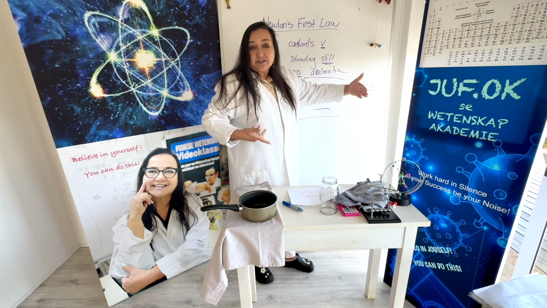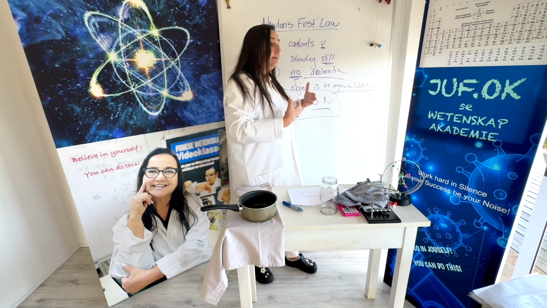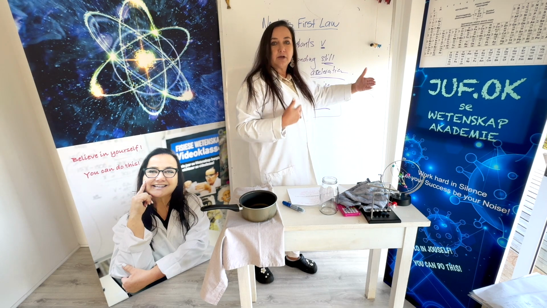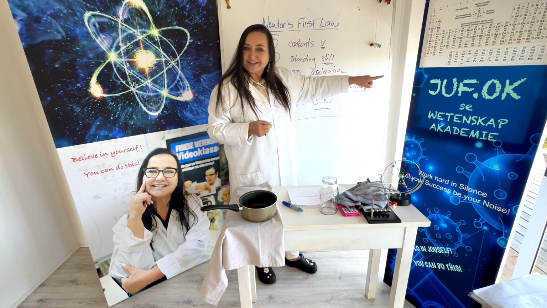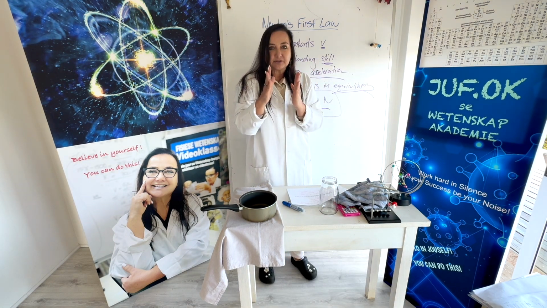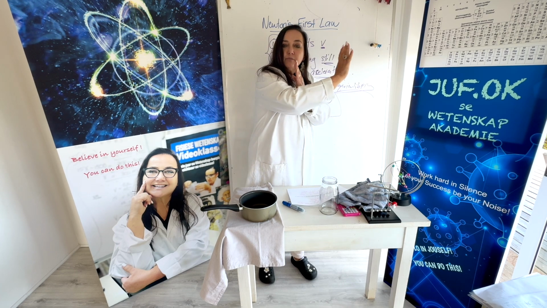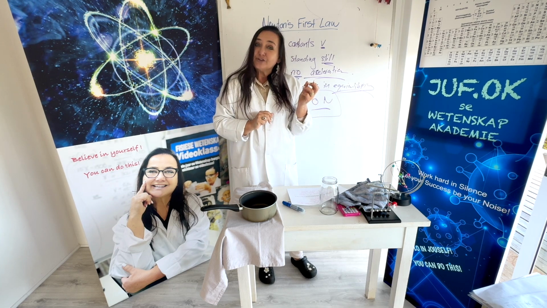Now you've got inertia too, which means your body wants to keep moving. If there is a sudden stop, what happens? You're going to go forward and hit the windscreen and probably go straight through, because the car stops, but your body wants to keep on moving, which is a typical example of Newton's first law.